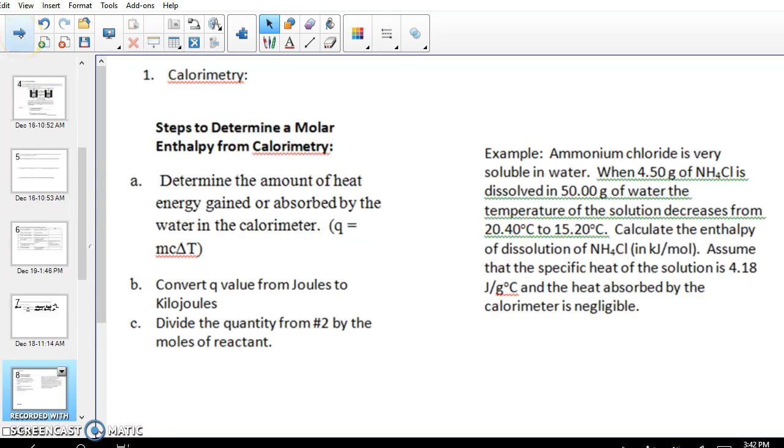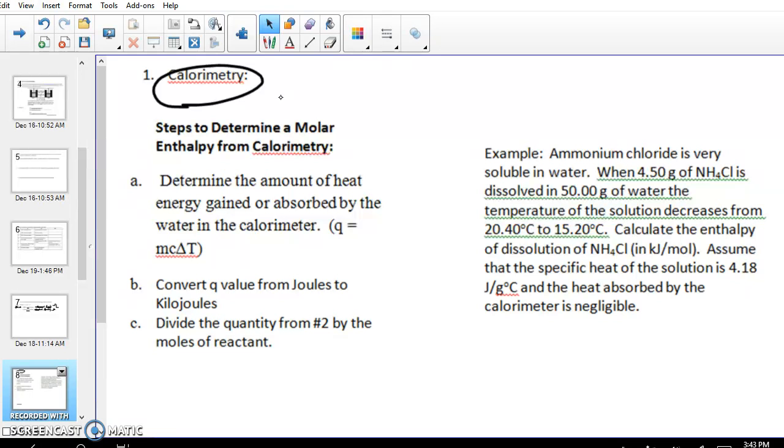So we're going to look at a bunch of different ways to determine delta H, but our way today is using calorimetry. So remember, calorimetry is looking at the heat exchange from hot to cold in order to figure out how many calories or joules were released by a sample.